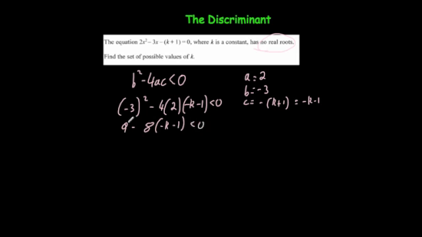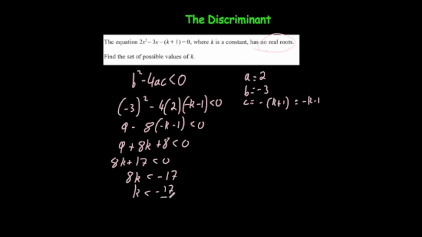Expanding this gives 9 plus 8k plus 8 is less than 0. 9 plus 8 is equal to 17, so you get 8k plus 17 is less than 0. Bringing that over gives 8k is less than minus 17. Dividing by 8 gives k is less than minus 17 over 8.